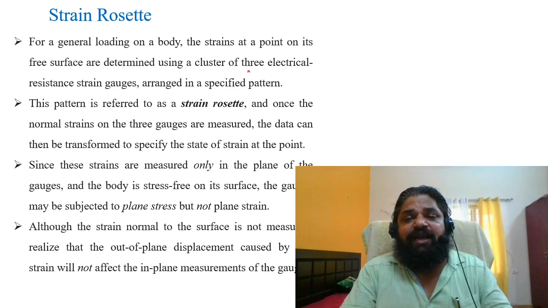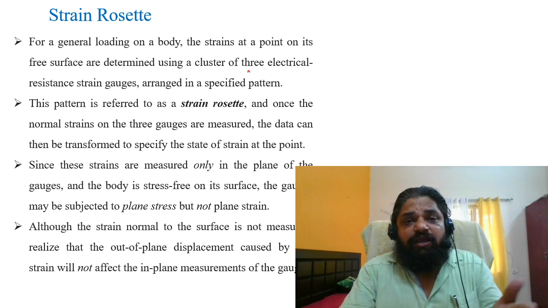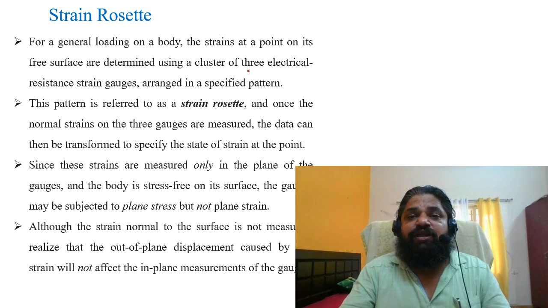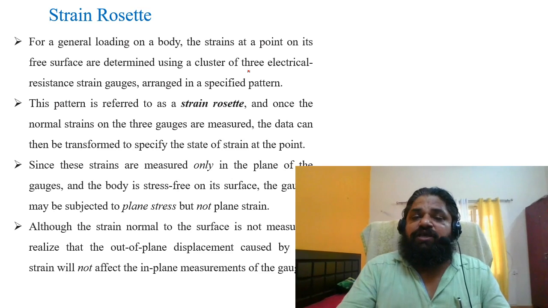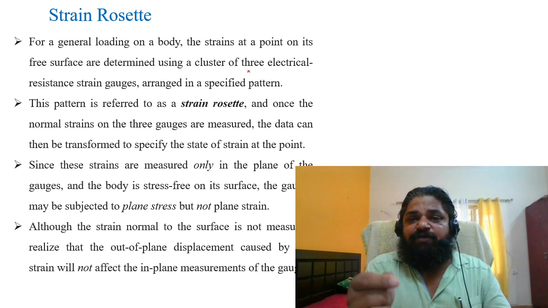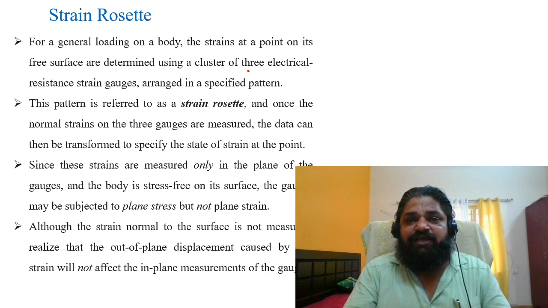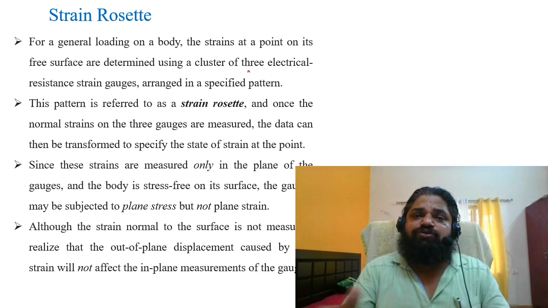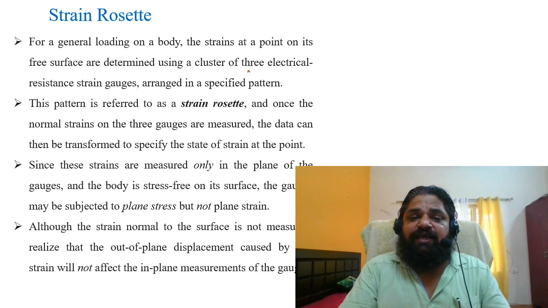Once I know the strain, and I know the material, like mild steel or copper, I can find the stresses. If it is an unknown material, then we need to go for a tensile test as well to get the Young's modulus. From the strain I can find out the stresses. So all the unknown values can be calculated by utilizing a strain rosette.